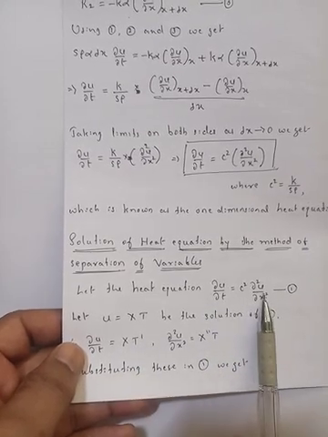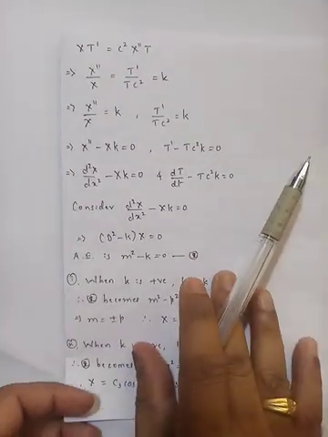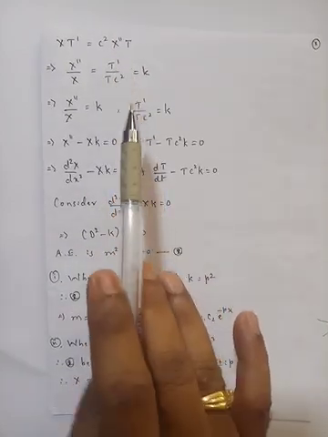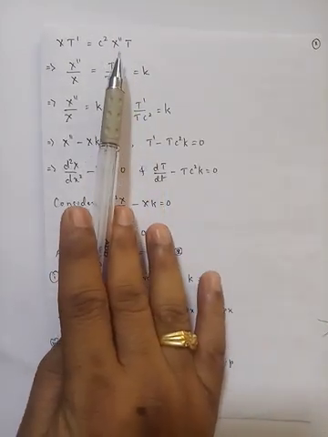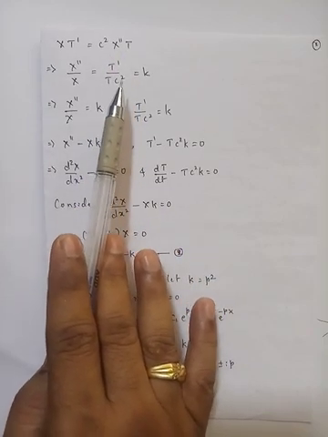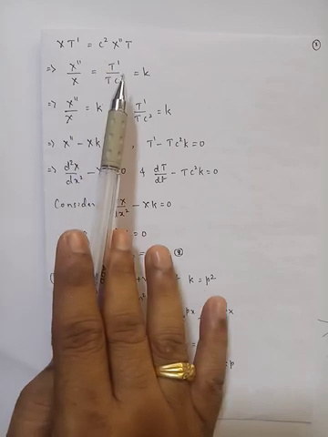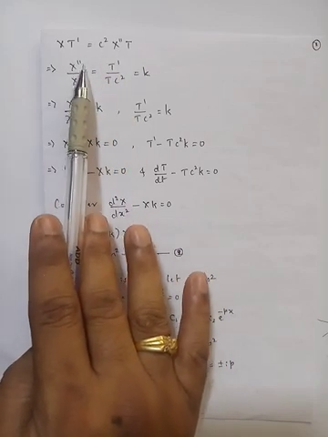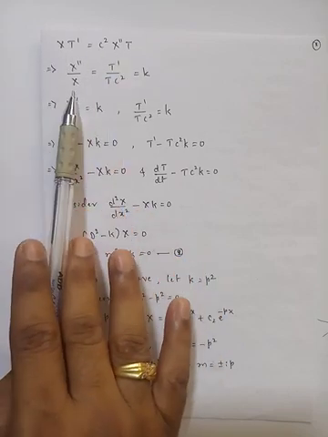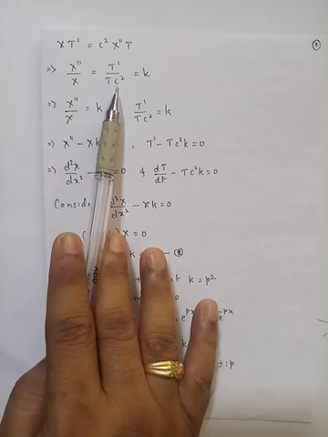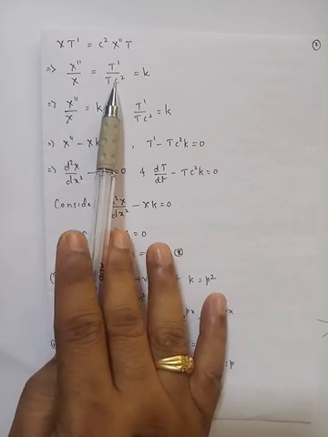Then c² ∂²u/∂x² is c² X'' T. Okay, now after substituting the values, we separate the variables, that is, functions of x on one side and functions of t on the other side. So X''/X equals T'/(c² T), where I take the constant c² along with T. Now the variables are separated.